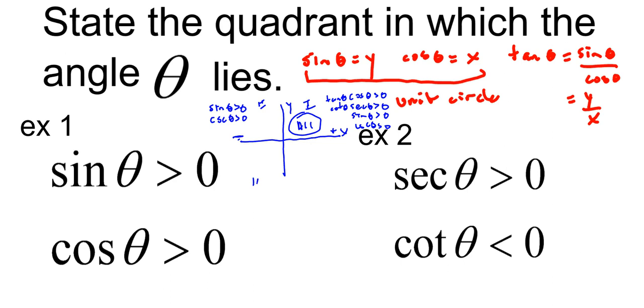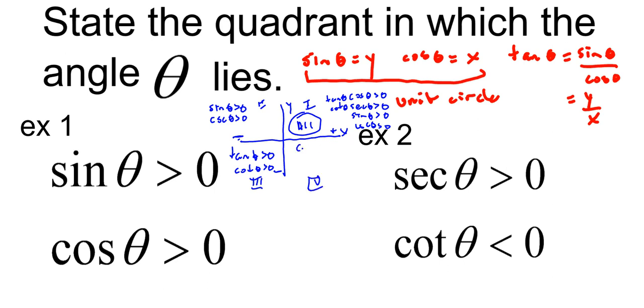In the third quadrant, what's going to be positive? Well, sine and cosine are going to be negative, but tangent, because it's y over x, is negative over negative, which makes tangent positive, and cotangent is also going to be positive in the third quadrant. And then finally, in the fourth quadrant, what is positive?